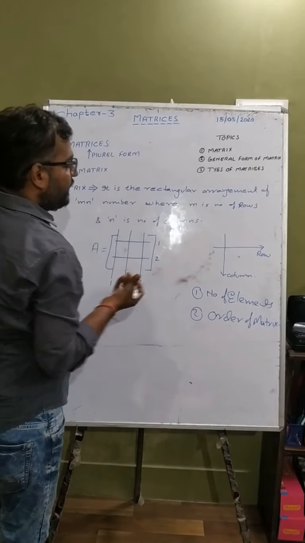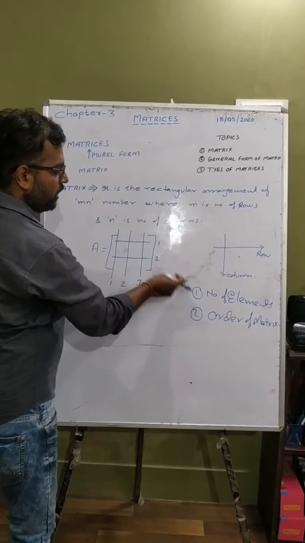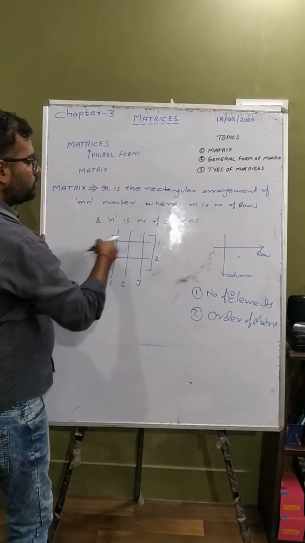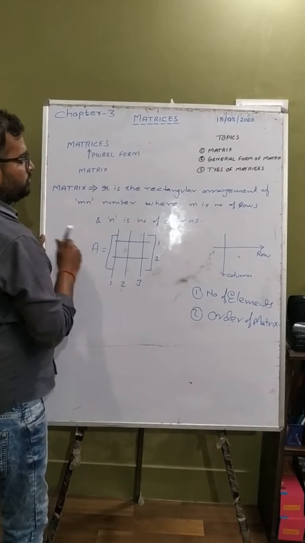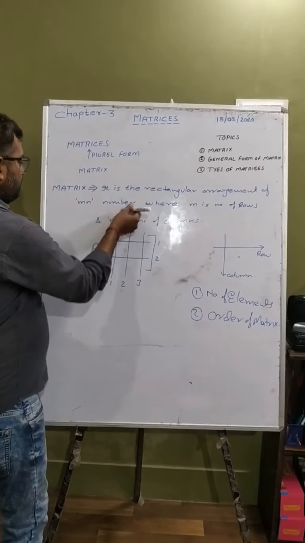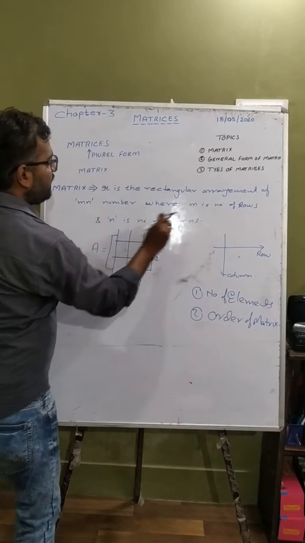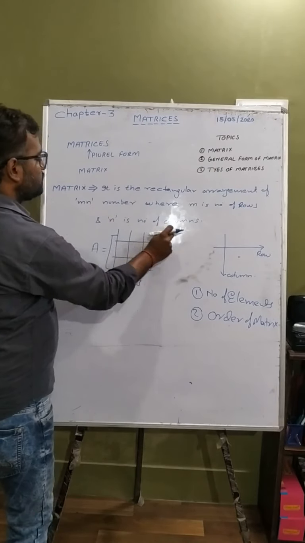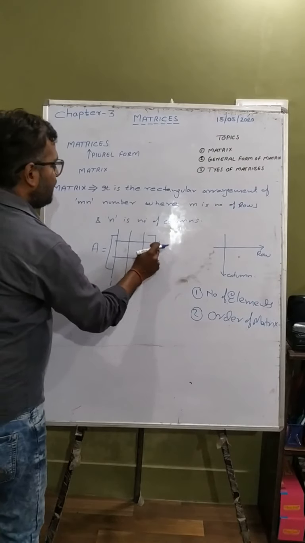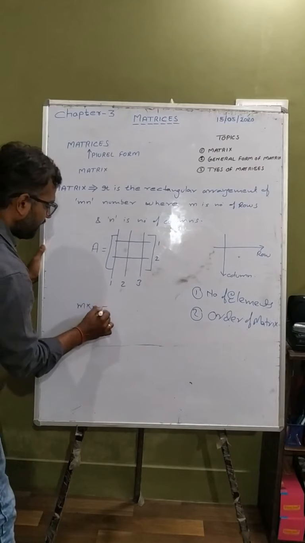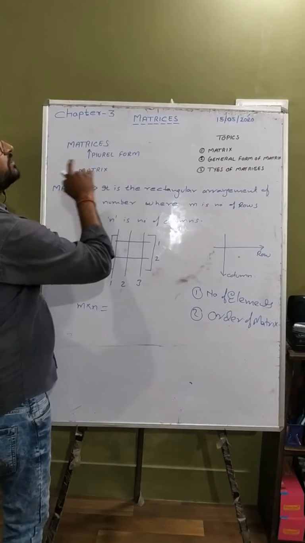So how can we identify the total number of elements and how can we find the order of the matrix? It all depends upon the number of rows and the number of columns. First of all, the number of elements. By the definition it is clear that if m is the number of rows and n is the number of columns, then by simply multiplying m into n, we can find the total number of elements in the matrix.